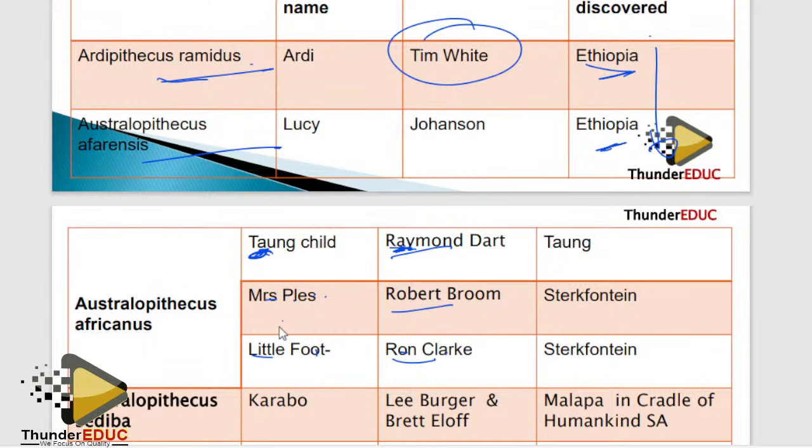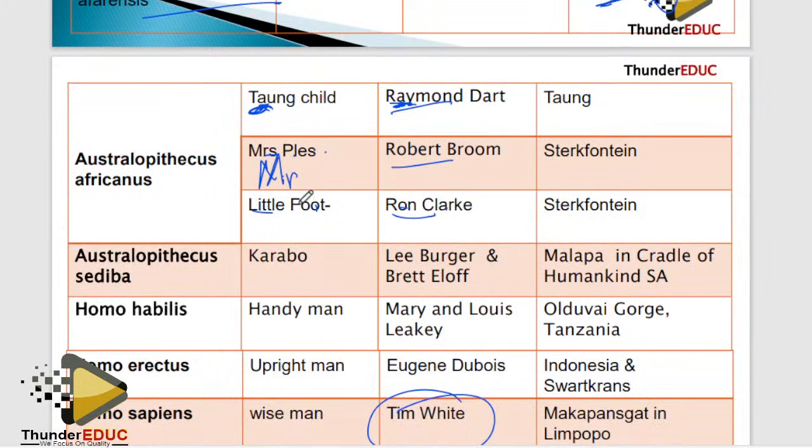The recent one is supposed to be Mr. Ples, but in the books, when you are doing the discussion, they credited it as Mrs. Ples, and it stays Mrs. Ples until we are told to update it. But we will not update it until they tell us to do so. So when you say Mrs. Ples, it's cool. When you say Mr. Ples, I think it's also cool because lastly, they credited it. Yes. So think about it.